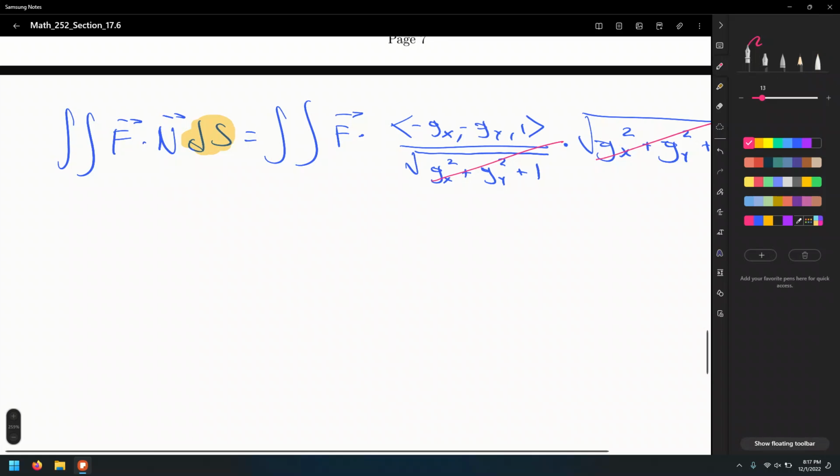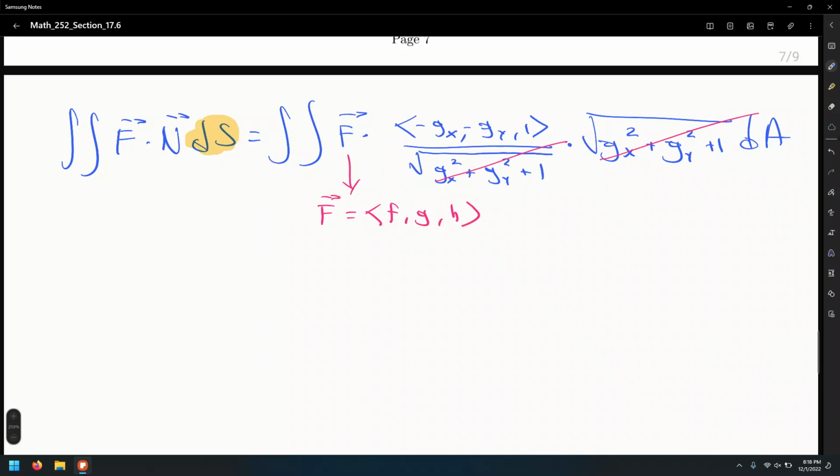So in the end, what is this F? This big F is a vector F, G, and H. By the way, here is where I'm having some issues with our textbook. This G that I have over here is just to represent the y component of the given vector field. It's not the same G that we're using for the surface, so don't confuse it.